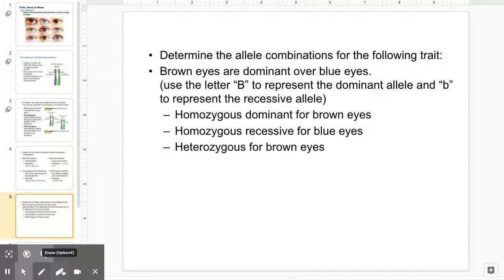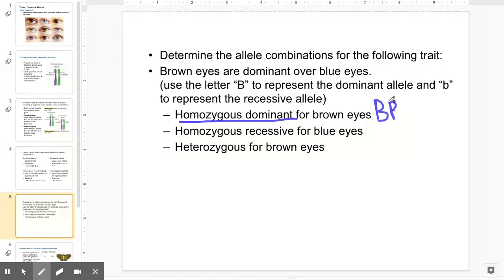All right, welcome back. Hopefully you paused the video. I'm going to go over the answers. So homozygous dominant means two capital letters. So we're using the letter capital B. So the answer would be capital B, capital B. Homozygous recessive would be two lowercase b's, because recessive alleles are represented by lowercase letters.